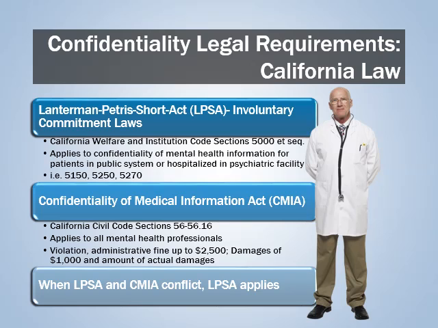The Lanterman-Petris-Short Act says that mental health information for patients that are in a public system or hospitalized in a psychiatric facility is a little bit different. And the Confidentiality of Medical Information Act is a California civil code, and that applies to all mental health professionals.